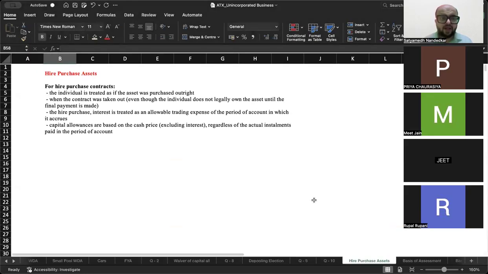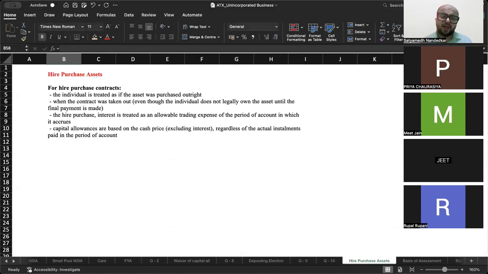Okay. Now, hire purchase assets. Basically, hire purchase is not exactly like a lease, but is similar to a lease. So, for hire purchase contracts, the individual is treated as if the asset was purchased outright when the contract was taken out. The hire purchase interest is treated as an allowable trading expense of the period in which it accrues. Capital allowances are based on cash price regardless of actual installments paid in the period of account.